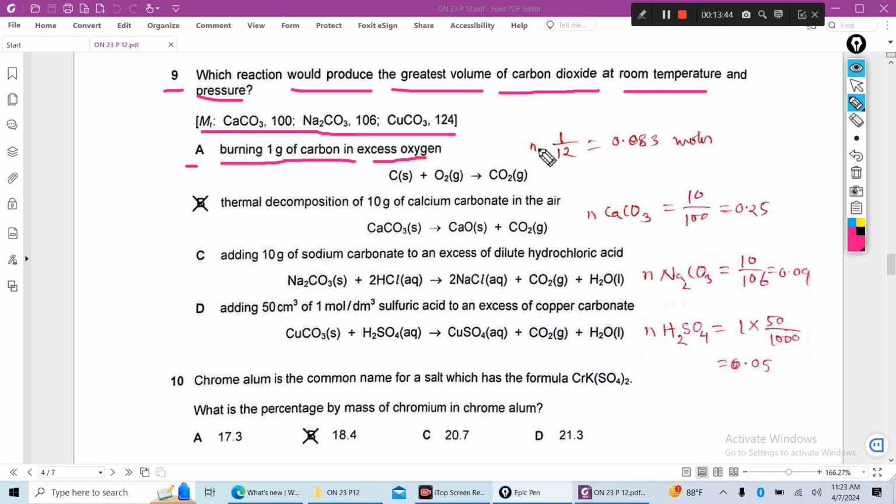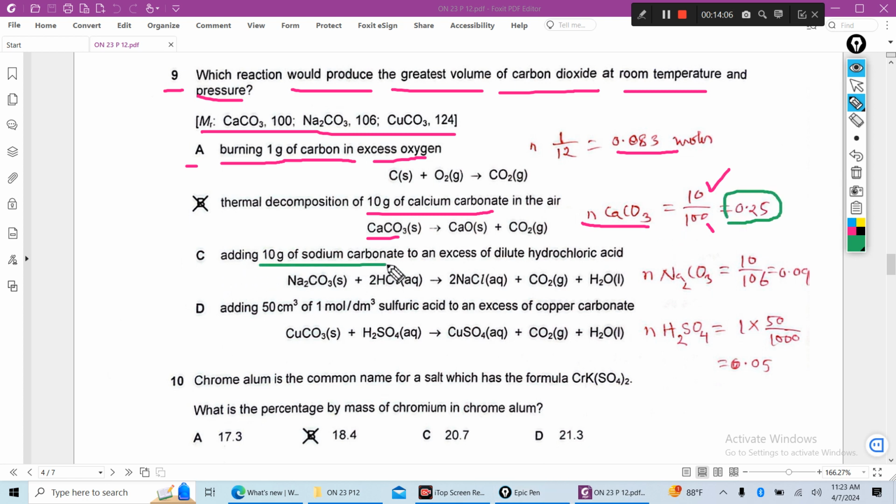If you find the moles of carbon, 1 by 12, that is 0.083 mole. Then 10 gram of calcium carbonate: you find the moles as mass divided by molecular mass. You will get 0.25 mole.